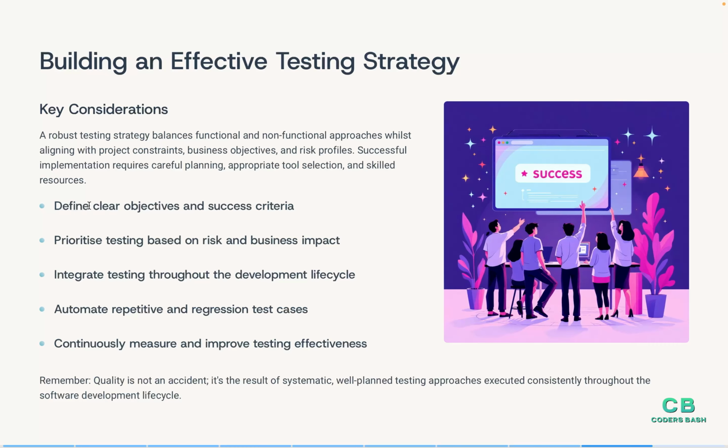So how we actually implement this is we define clear objectives and success criteria for each of the software, like what is required and what should be validated during our testing. Then we prioritize testing based on risk and business impact, and then we integrate testing throughout the development life cycle, like whatever projects are involved and how it should behave in each of them.